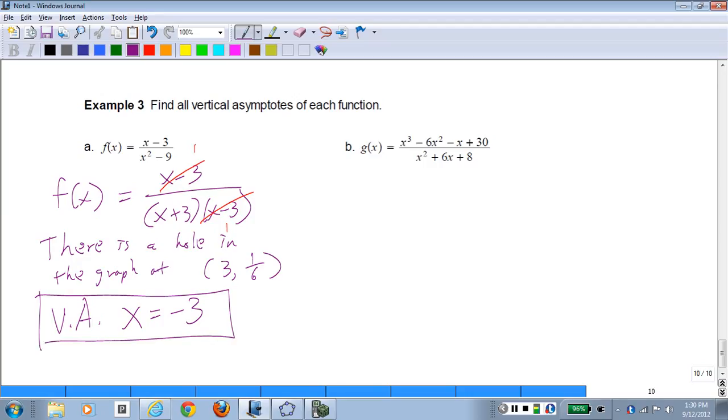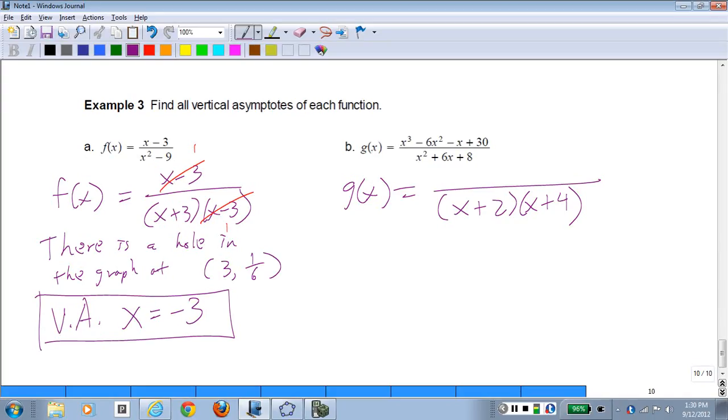G of x, got a cubic, two candidates for vertical asymptotes, x equals negative 2 and x equals negative 4. We could check and see if either of these numbers makes the numerator 0.